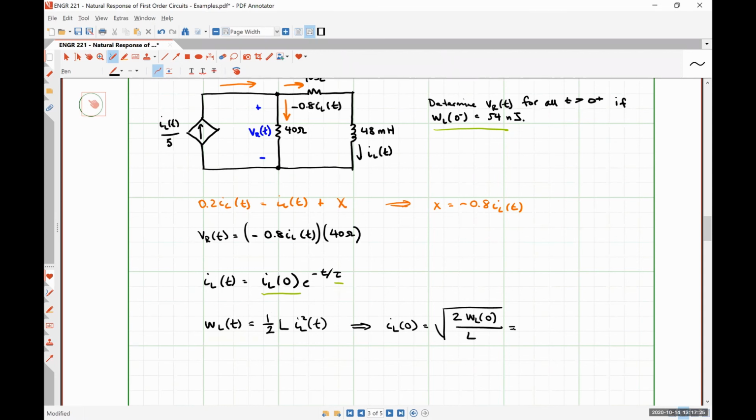Alrighty, so from this, we're going to have the square root of twice 54 times 10 to the minus 9 joules divided by our inductor value of 48 times 10 to the minus 3 henries.